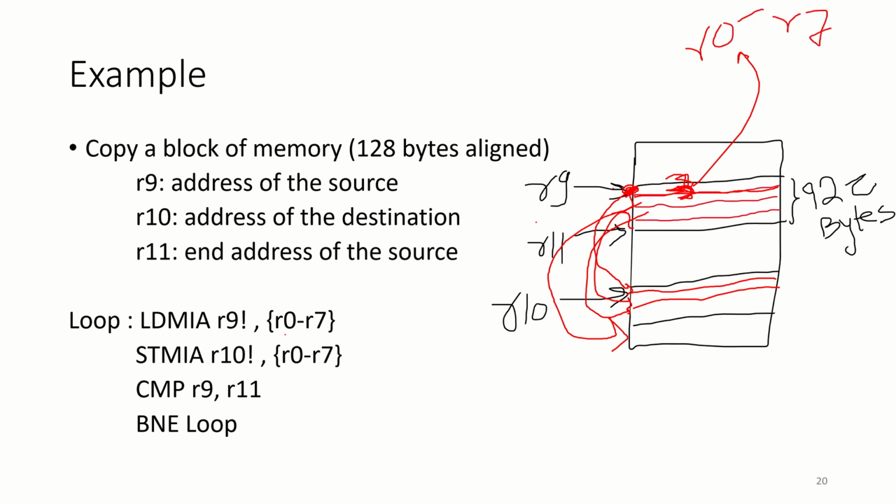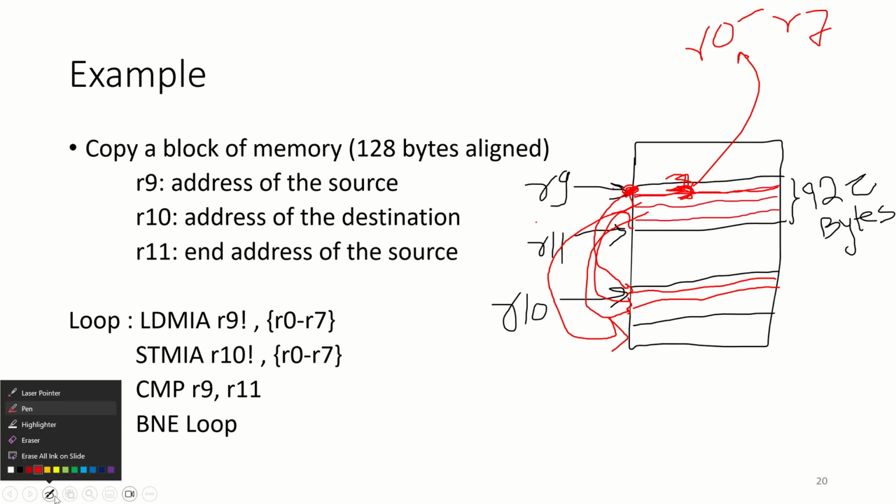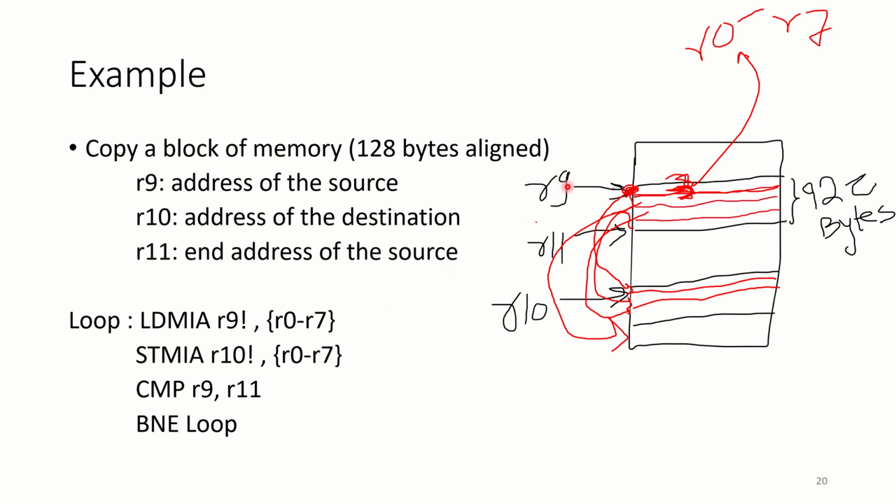R0 stores the value at the location R9. R9, R10 and R11 are storing addresses. So the value at the corresponding address of R9 is stored in R0. The next is R1. So the first 8 are stored into R0 to R7 by this. You can see we have used auto indexing.